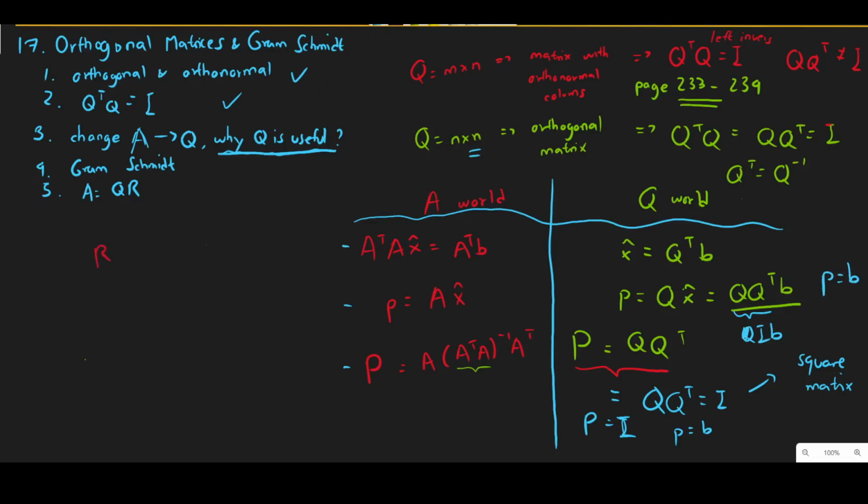Let's say we are in R3. Let's say this is X, Y, Z. Okay, I'm sorry, this should be Z right there. And let's say this is our vector B. B is in R3 as well.